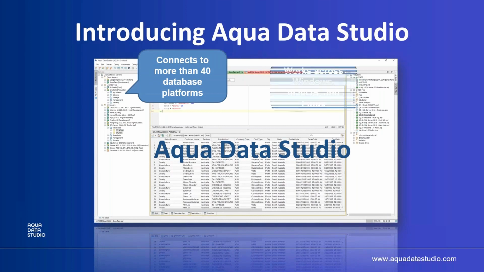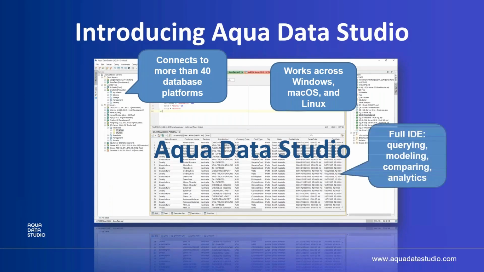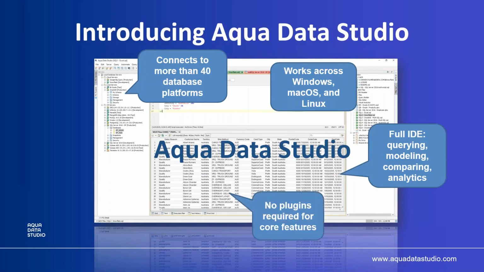It works across Windows, Mac, and Linux. And it brings together querying, analytics, schema compare, version control integration, ER modeling, data editing, and much, much more inside one single application. You do not need plugins or separate tools for any of this core functionality.